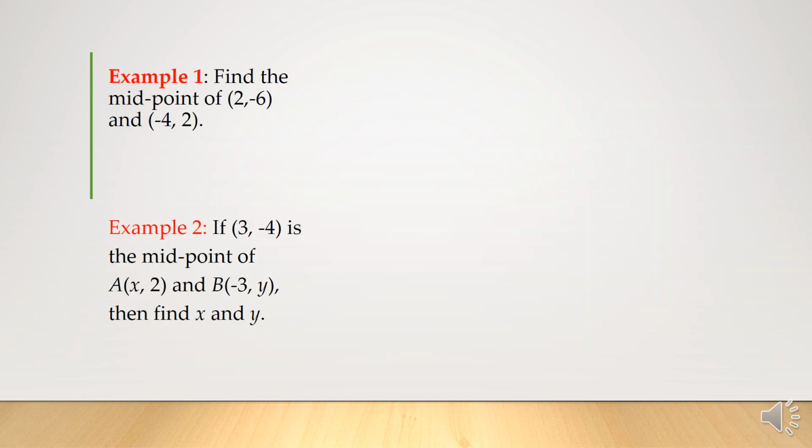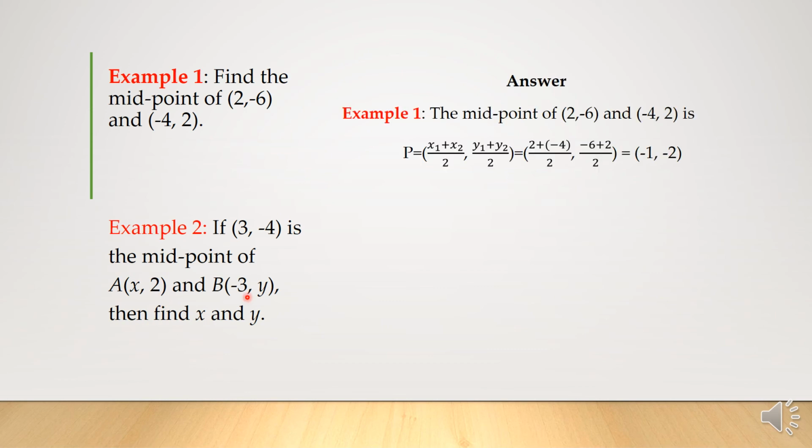So next step, please have a look at the examples. Example 1 is just the use of the formula to find the midpoint. And example 2 also uses the formula, but we want to find the values x and y. So example 1, we find the midpoint of these 2 points with coordinates like that.